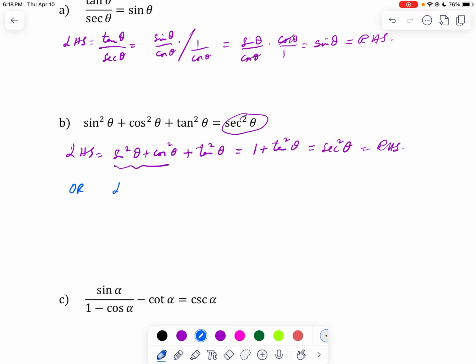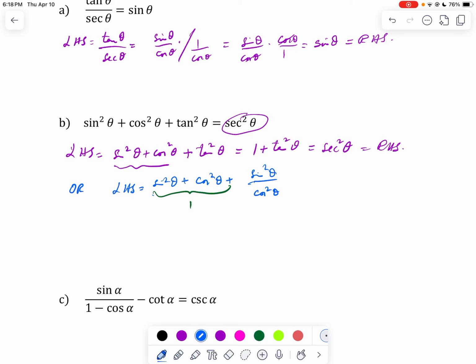Left hand side is equal to sine square theta plus cosine square theta plus sine square theta over cosine square theta. Now at this stage, if you cannot see that this is going to give you 1 and you try to take a common denominator with all these three terms, it will become very complicated.